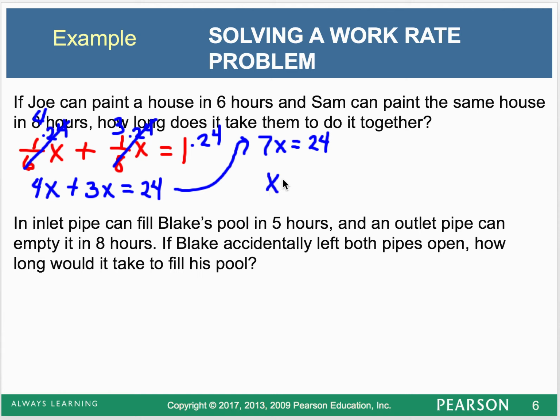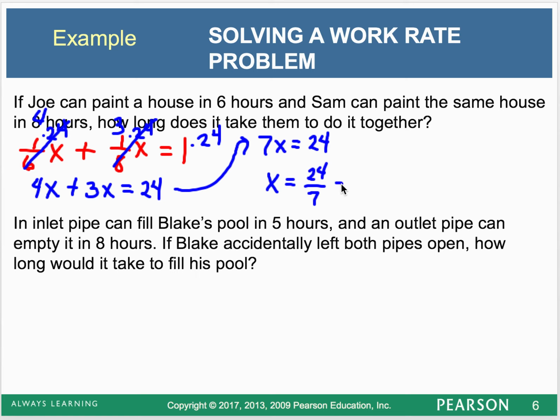So x equals 24/7. Now again, if we were just solving this problem and it didn't have an application question to go with it, we could leave 24/7. But since this says how long does it take them to paint the house, you know, if a painter comes up and they say, well, it'll take me 24/7 hours, you're going to think they're nuts.